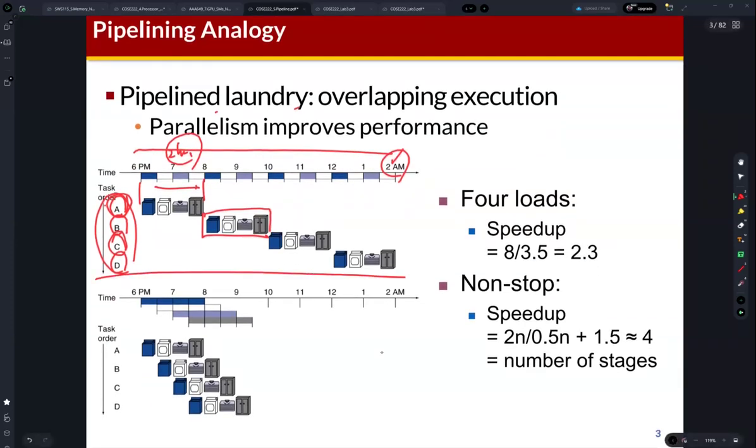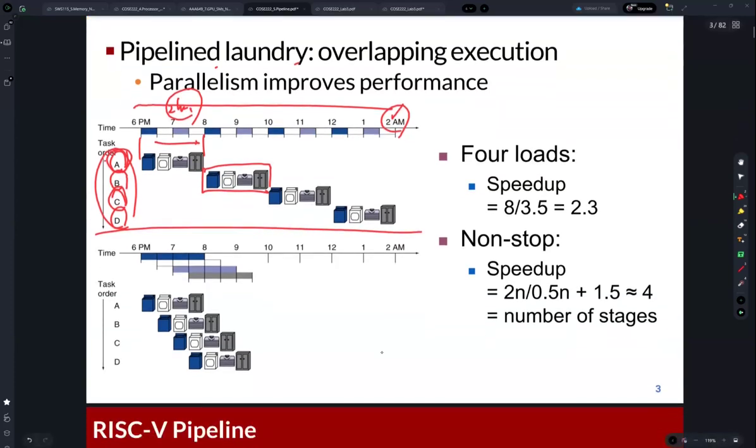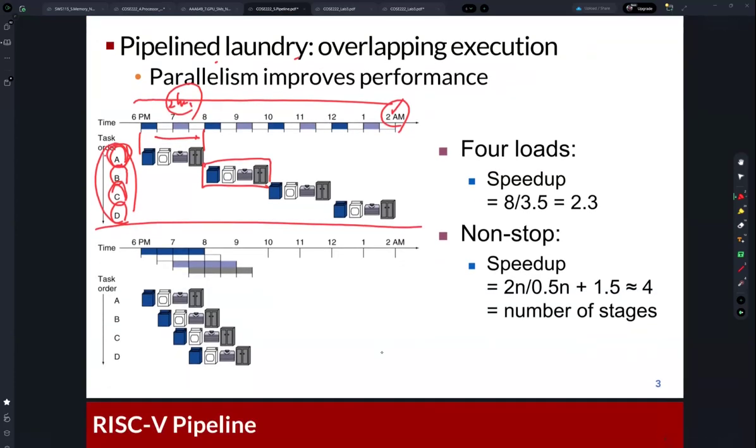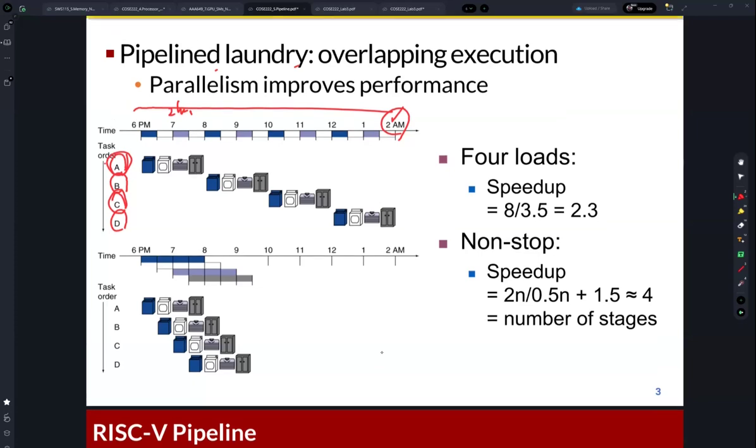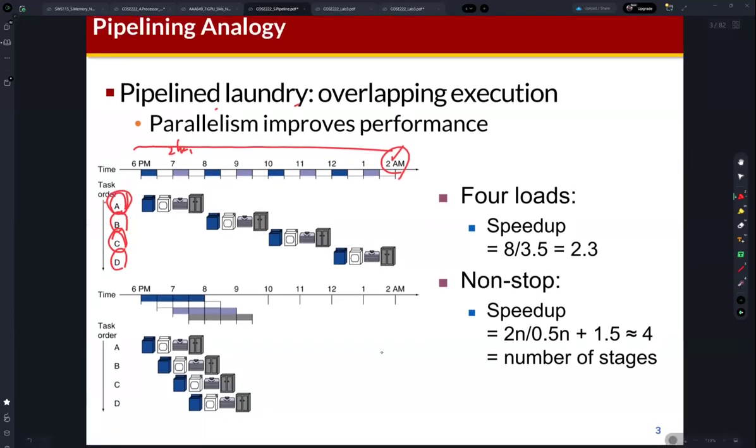And what's the problem? So how can we reduce it? If we analyze how a single task is performed in this laundry process, we can observe that there is a washing machine here, and a washing machine here, washing machine here, and washing machine here.